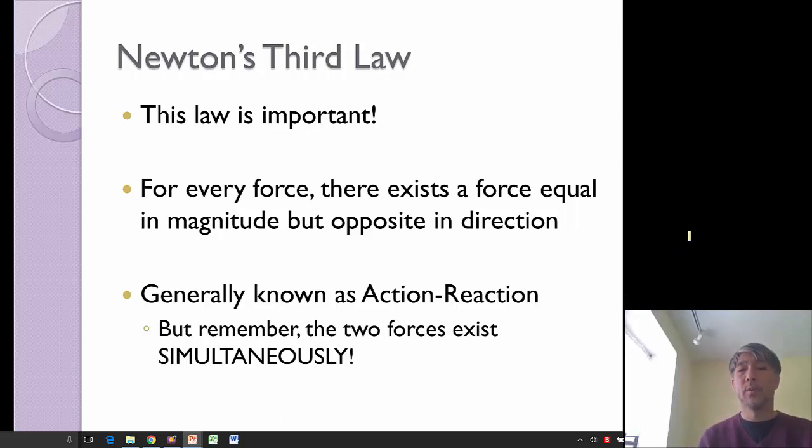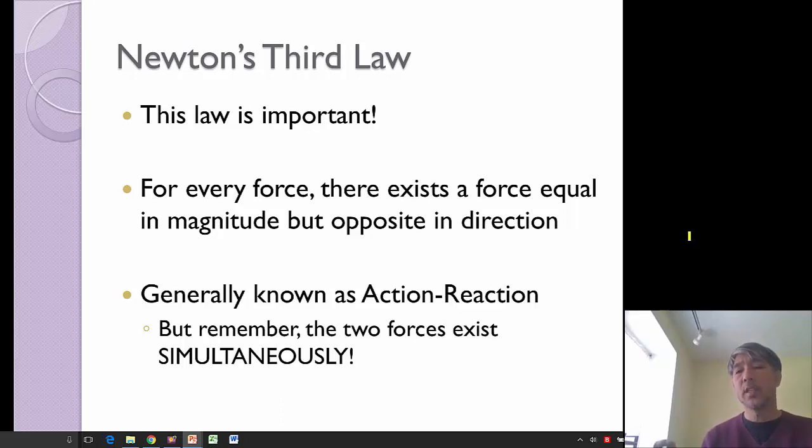Newton's third law is important. It can be confusing at times, but we'll see a method that we'll use to try and make it a little bit simpler. Newton's third law says that for every force there exists a force equal in magnitude but opposite in direction. If you push against the wall, the wall pushes back against you. If the wall did not push back against you, you would end up going through the wall.